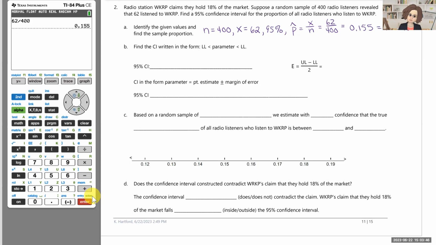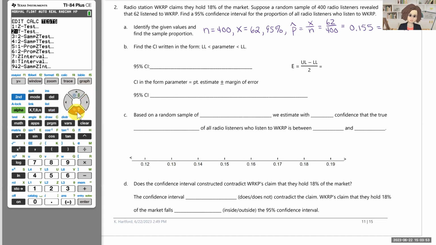And then we're going to turn that into a confidence interval. So let's go to, again, stat tests and one proportion, but go to your intervals, one proportion Z interval. And then X first, 62, N next, 400. Confidence level this time, 95%, and calculate. And I didn't point out last time, but I see there my p hat on the screen, 0.155 that we calculated.